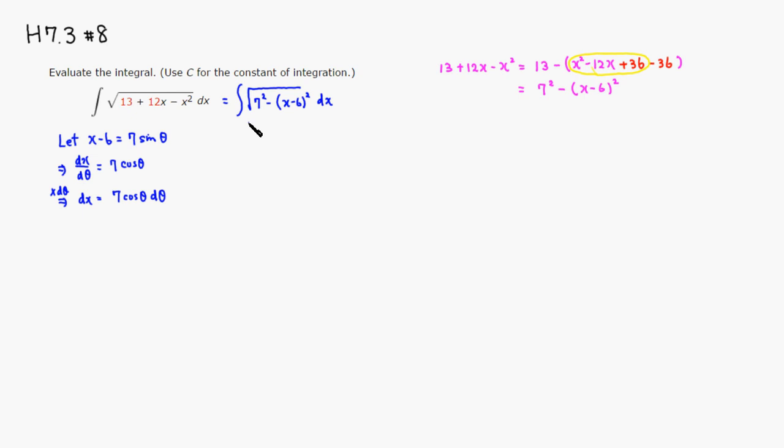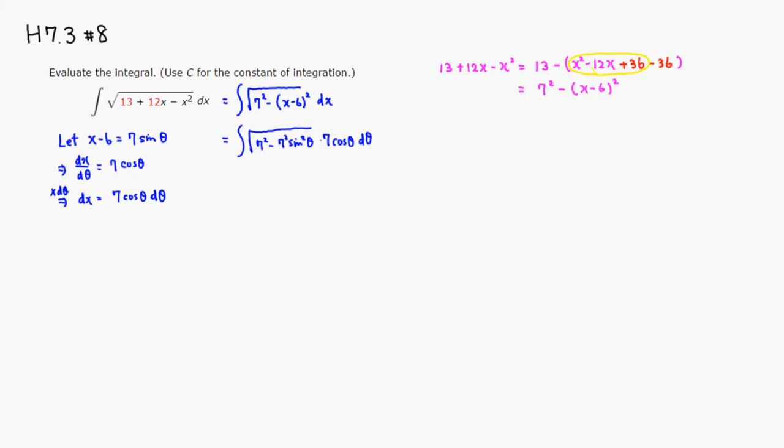So let's do the substitution here. We're going to get the integral of the square root of 7 squared minus 7 squared sine squared of theta, and dx is 7 cosine of theta d theta.